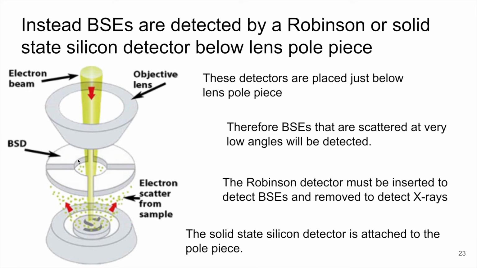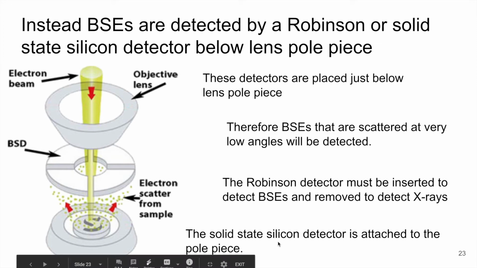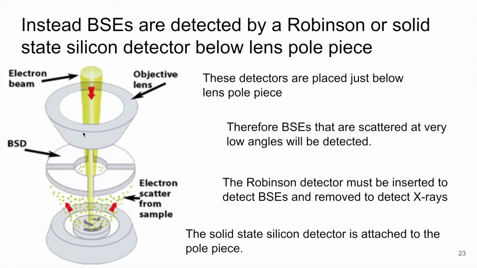So that's the Robinson detector. Solid state silicon detectors are sometimes attached to the pole piece, and that's a way of getting around that configuration. Basically, the detector there detects electrons and transmits them and allows us to image with those backscattered electrons.